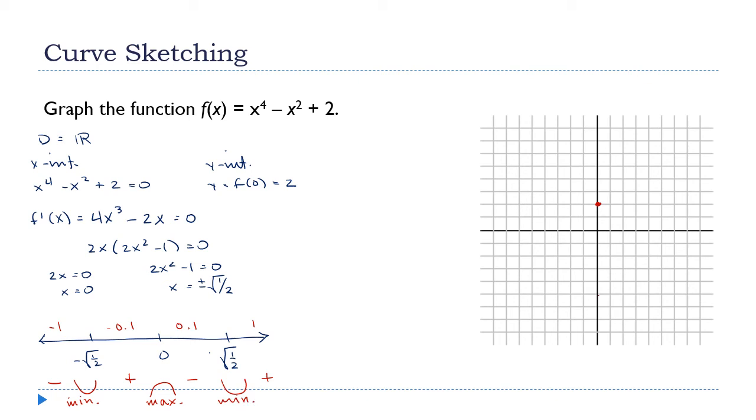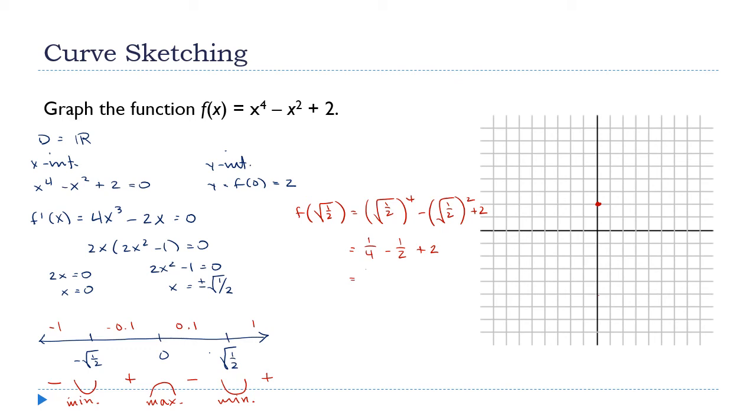All right, so let's put these together. Can we do f of the square root of 1/2? Yeah, pretty easily. The square root of 1/2 to the 4th minus the square root of 1/2 squared plus 2. So that's 1/4 minus 1/2 plus 2.